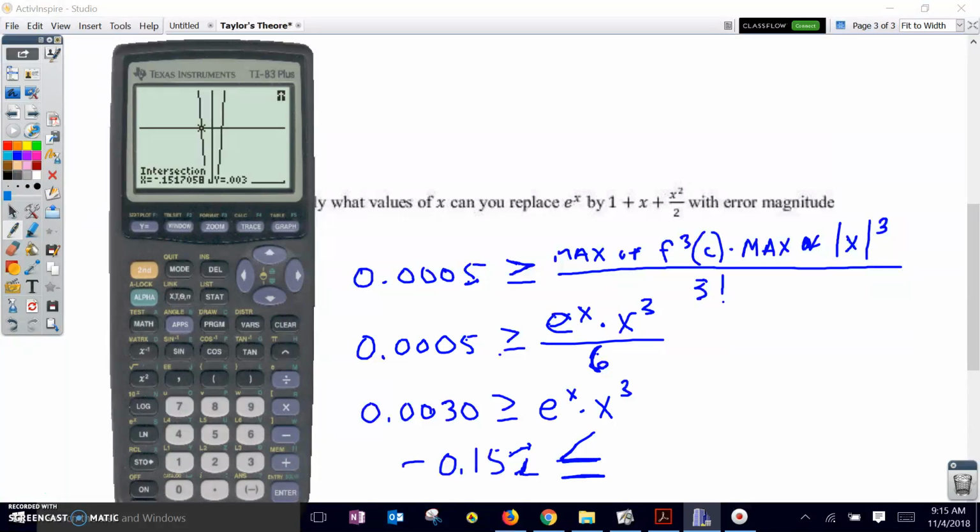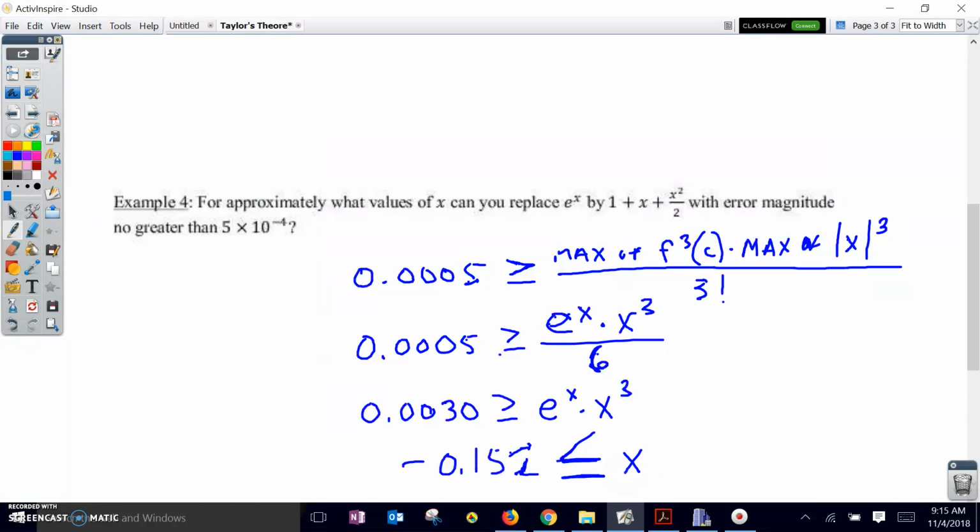And as the other endpoint, 0.138. And that is the interval on which we expect to have an error less than or equal to 0.0005.